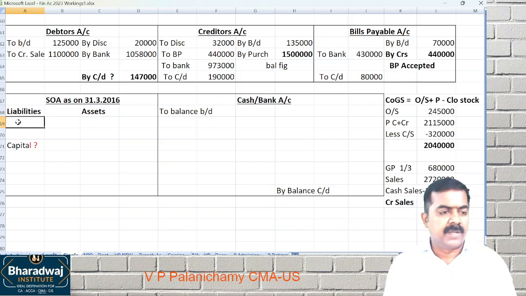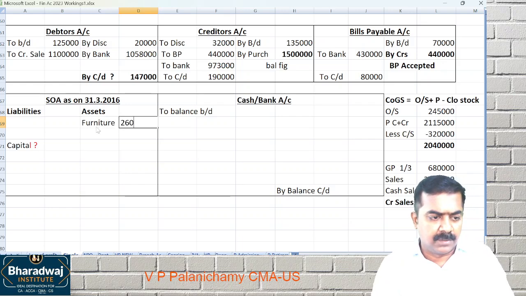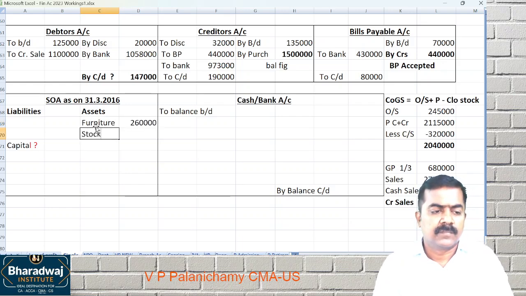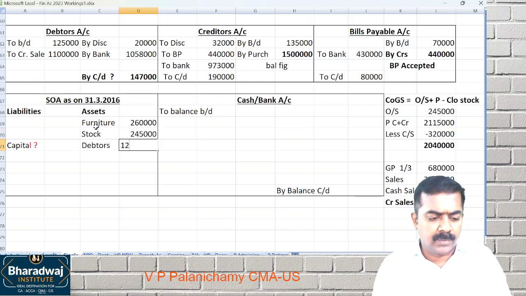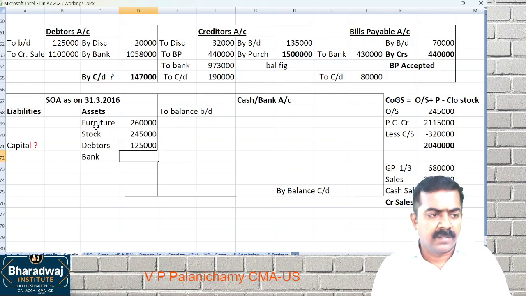At the beginning of the year balance sheet, tell me what assets are there. Furniture, how much is there? 2,60,000. Then 2,45,000. Then 1,25,000, then bank balance 1 lakh.